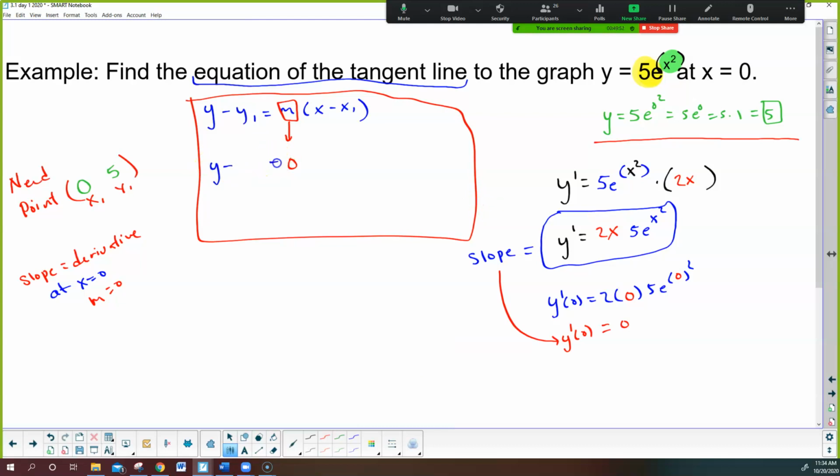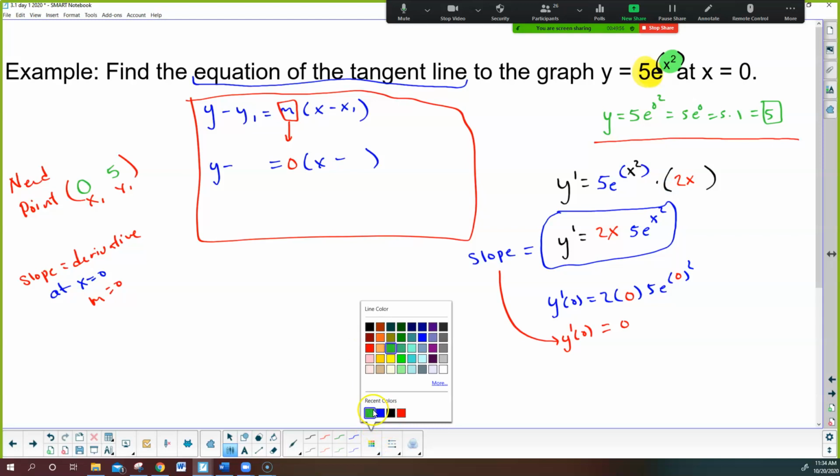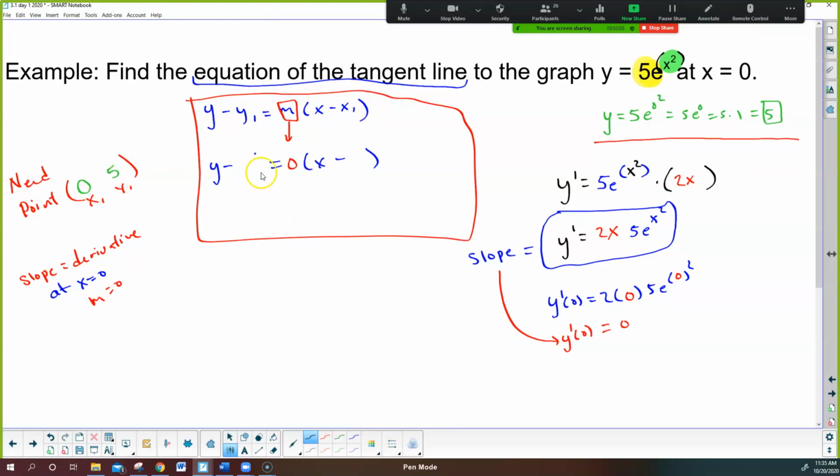I'll do y minus y1 equals m times x minus x1. We already know what x1 and y1 are. That's 5, that's 0. Now this is a perfectly acceptable answer right here. You could stop right here. And I actually would encourage you to stop.